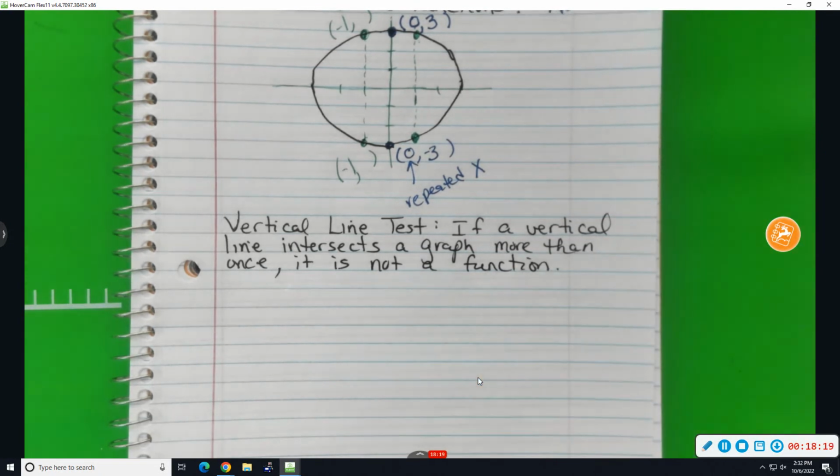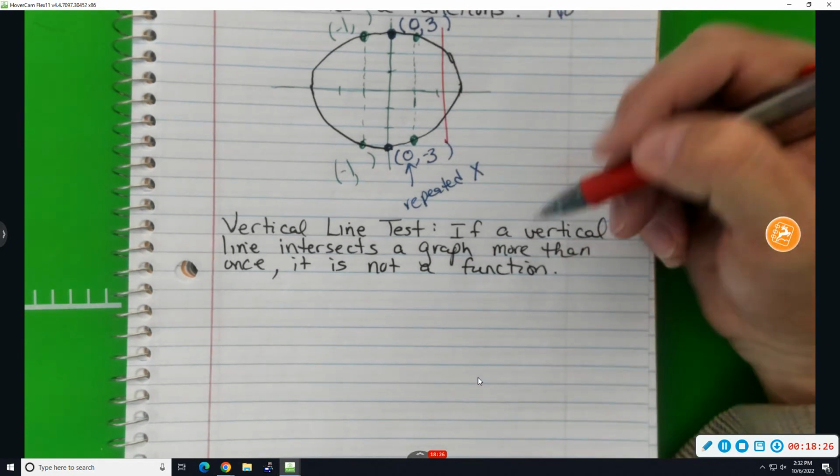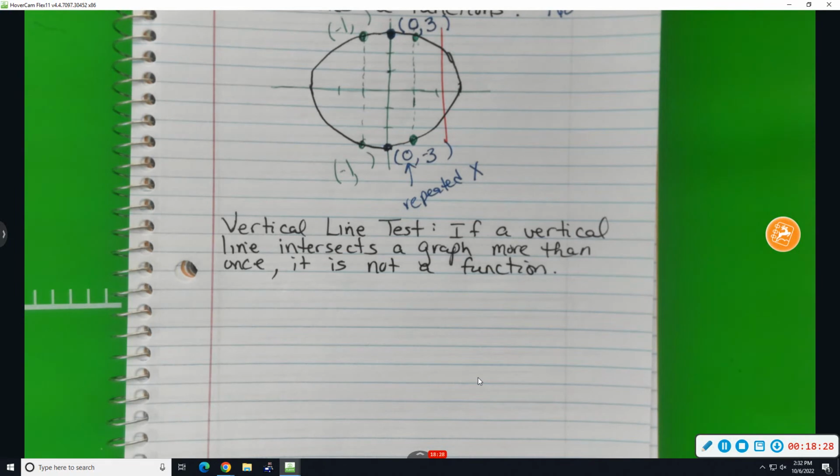If you can draw a vertical line and it intersects the graph twice or more than twice, not a function.